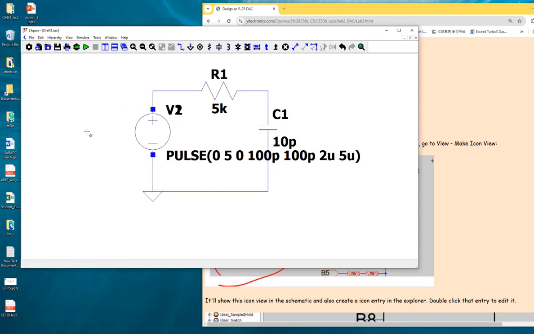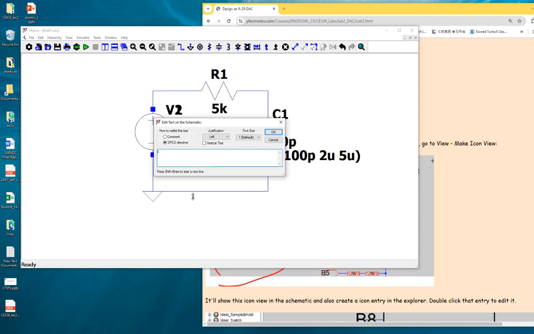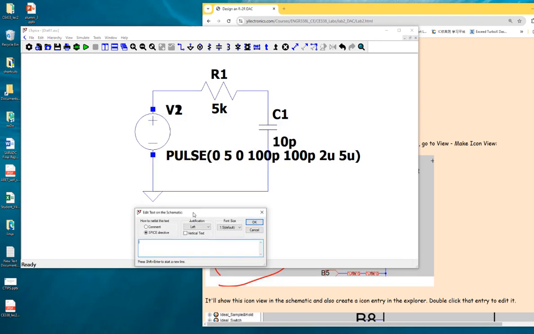All right. Okay. So you have to create a Spice directive for the simulation. Let's do a transient analysis. .tran, because you can look at the period is 5 microseconds. Let's just do like 10 periods maybe, so 50 or 25 will be fine. You don't have to have all these parameters in there.